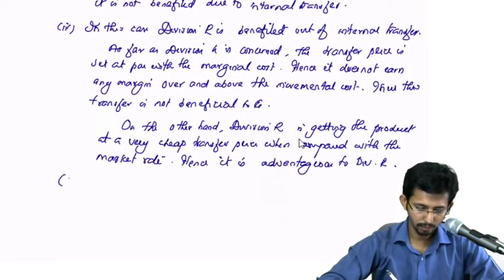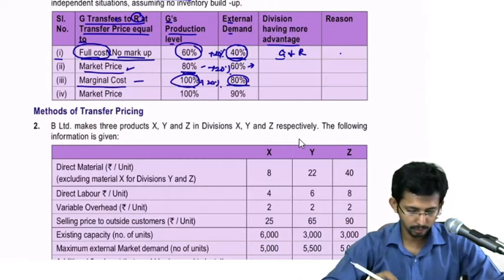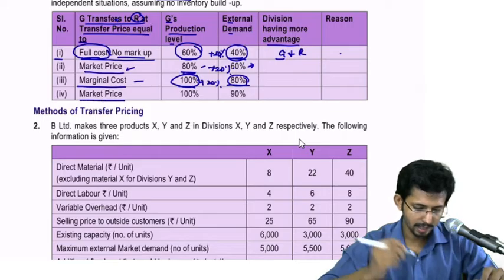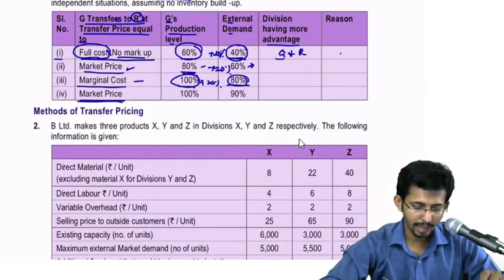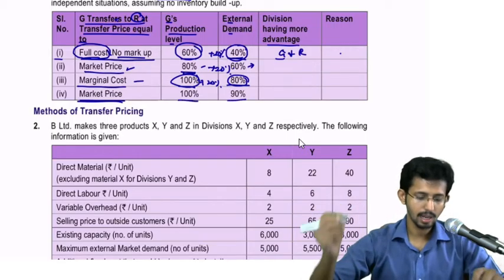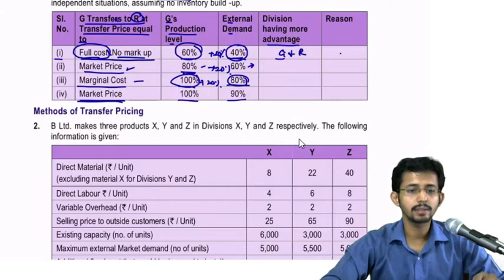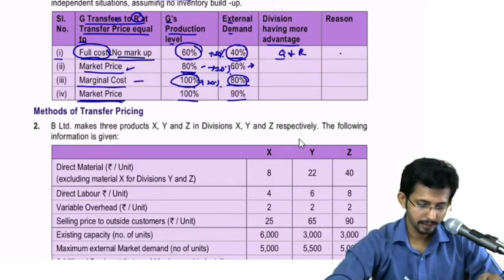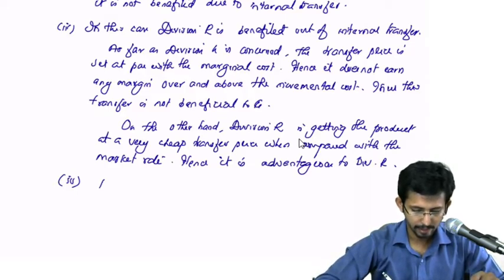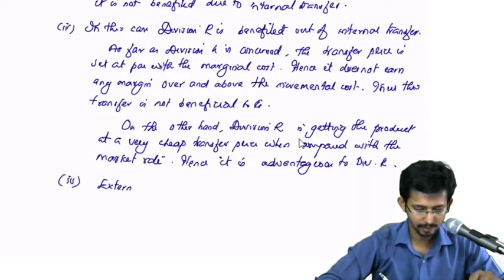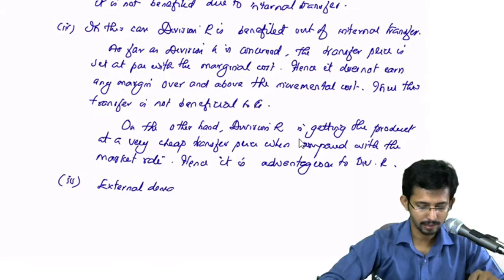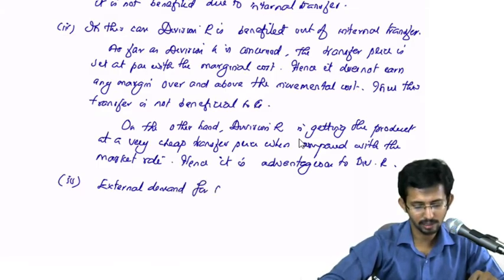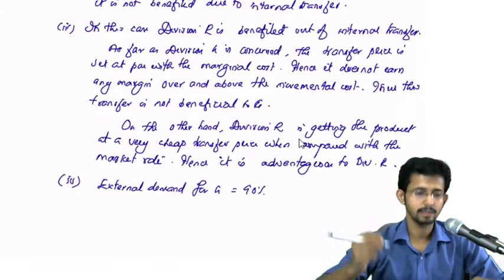Okay, now fourth one. What is fourth one? They transfer at 100%, transfer at market price. Now 90% is external demand and G's production level is 100%. Okay, can you say who is benefited? See, what is happening here? External demand for G is 90%.